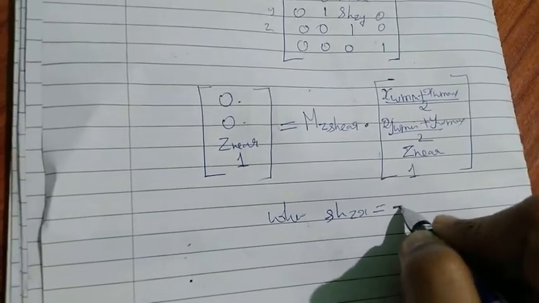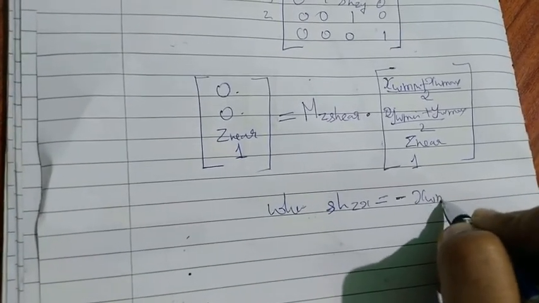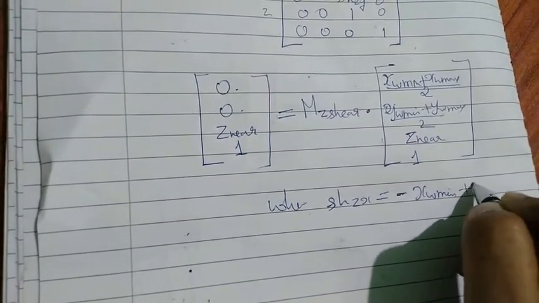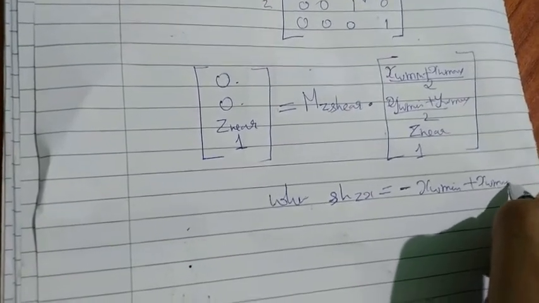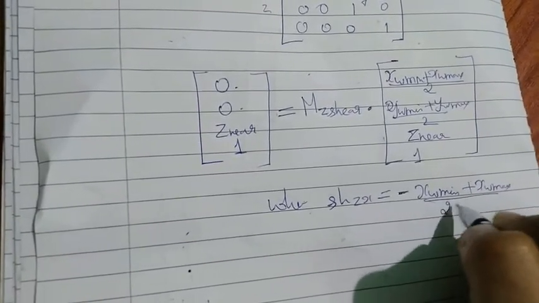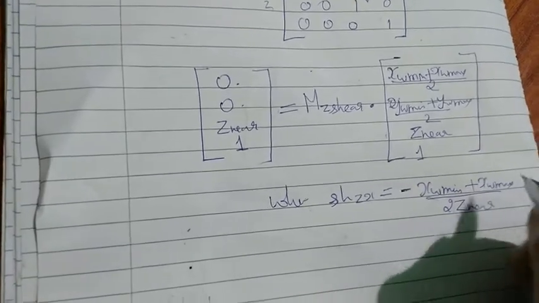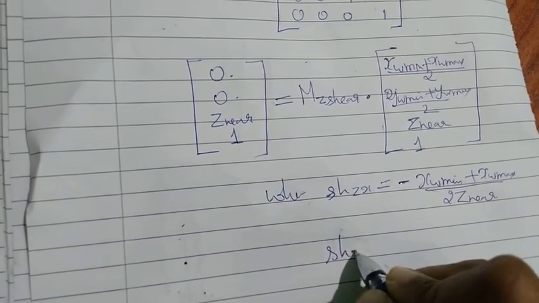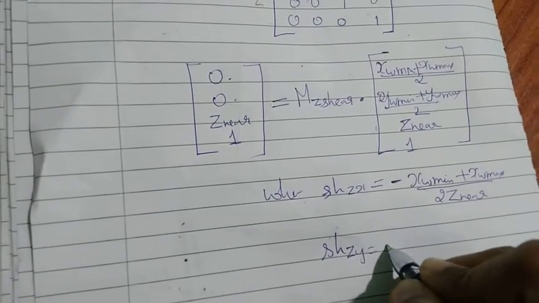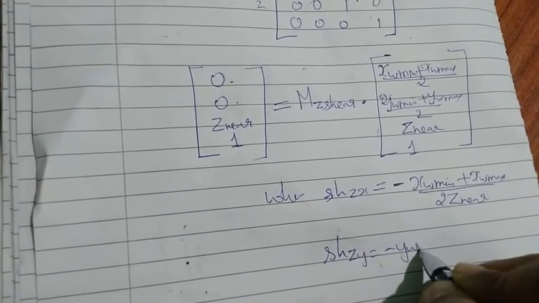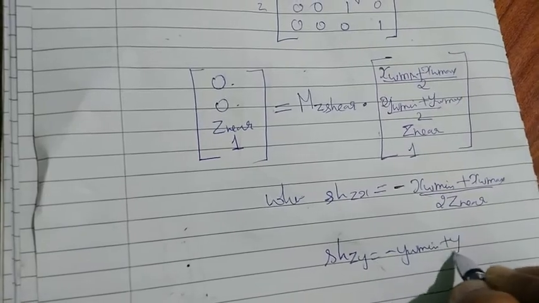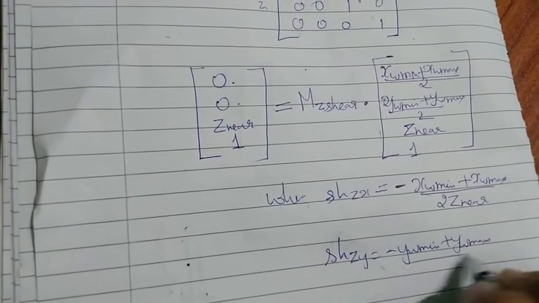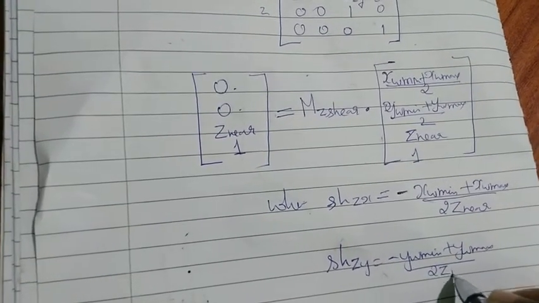This is what we are supposed to obtain: shzx equals minus xw min plus xw max divided by 2 z near, and in the same way shzy equals minus yw min plus yw max divided by 2 z near.